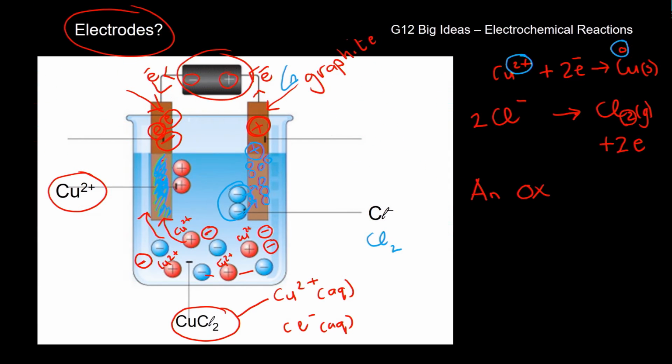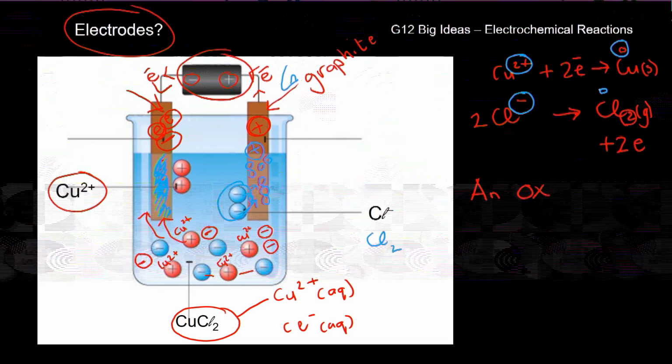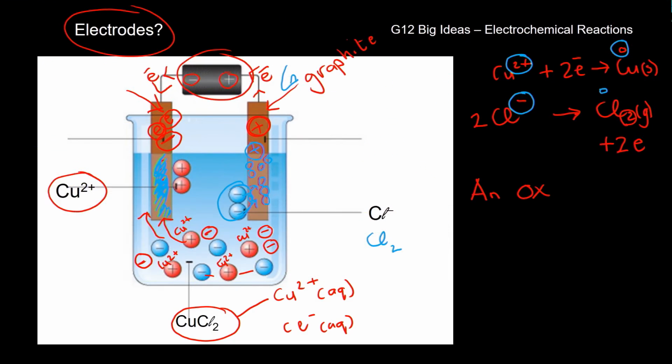So let's have a look at the chloride ion and what it does. The chloride ion starts off as a negative ion, and look what it makes. It makes a neutral, pure chlorine gas. So it is becoming more positive. It's going from a negative oxidation number to a 0, which is more positive.